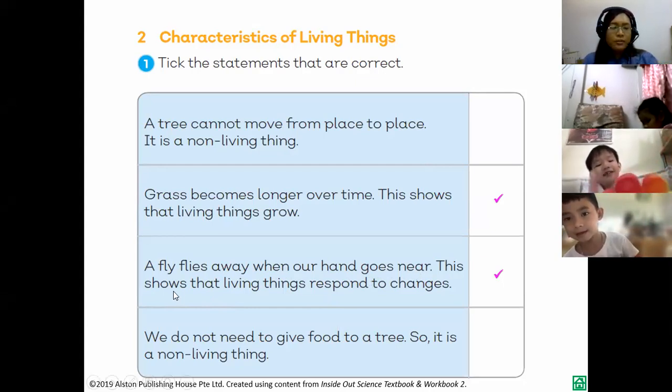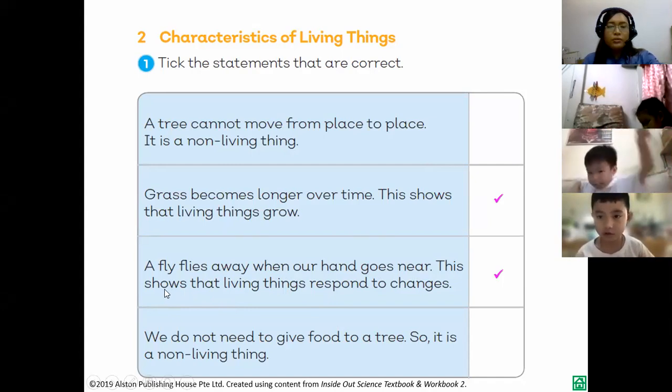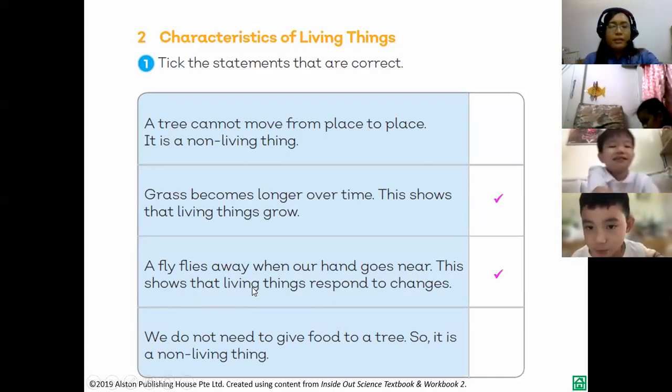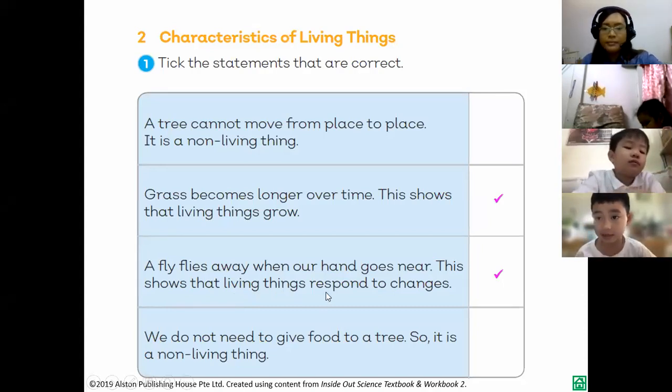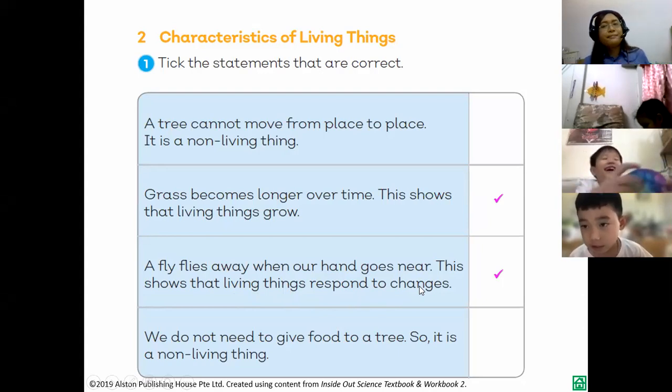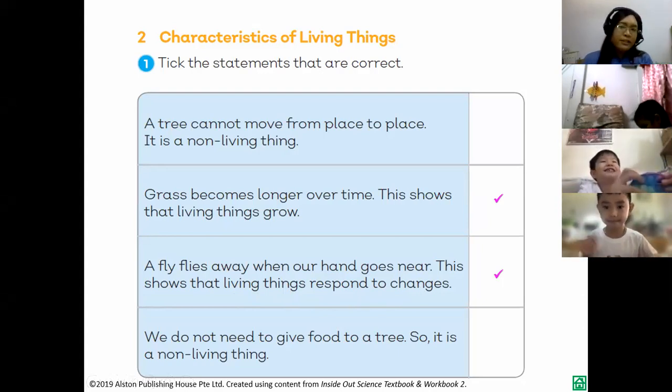This shows that living things respond to changes. Okay, very good. So these are the 2 statements that are correct.